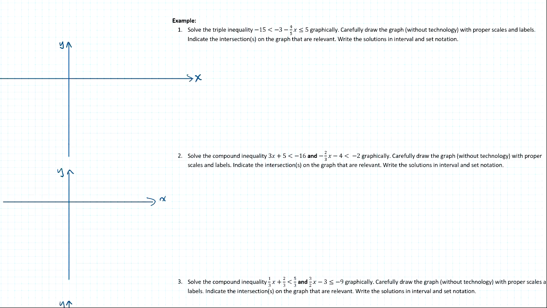For example, in our example 1, if we're looking at this particular inequality, we're really looking at one side, negative 15 is less than negative 3 minus 4 over 5x. And in addition to that, we also need to have that restriction negative 3 minus 4 over 5x is less than or equal to 5.